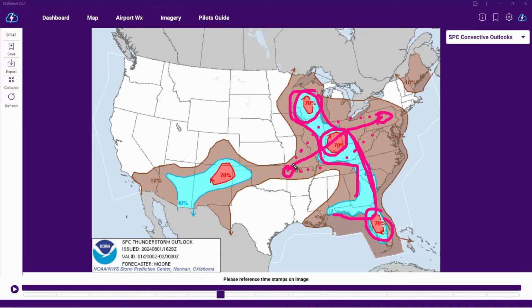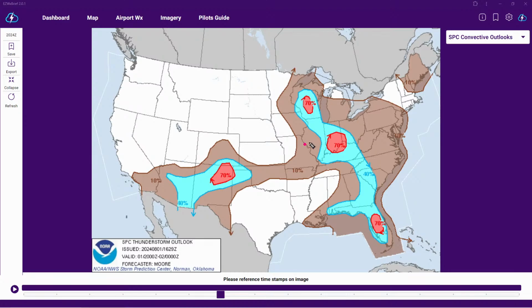Well, this product gives us that first look in terms of where the hot spots of concern are. This basically defines, if you take any point, 12 miles around that point, the percentage.